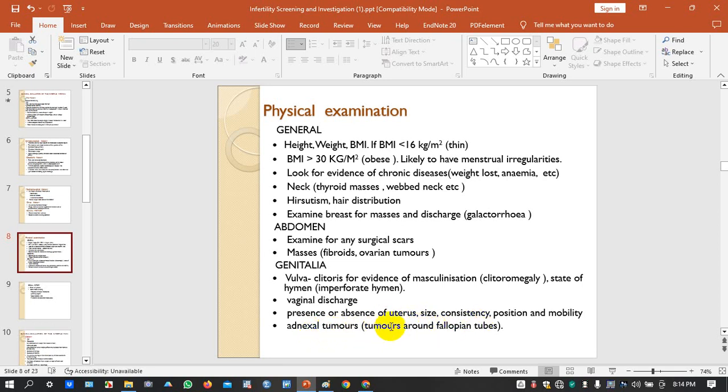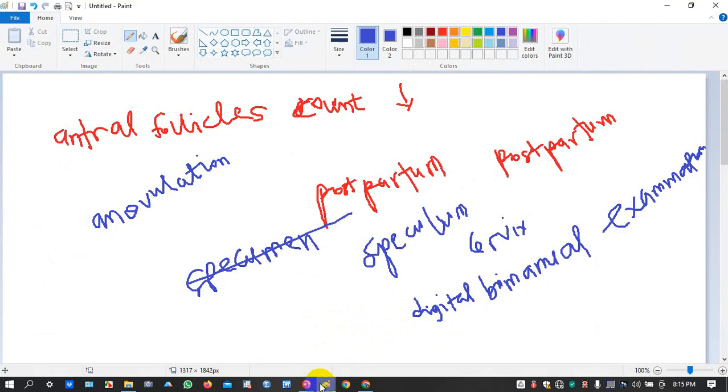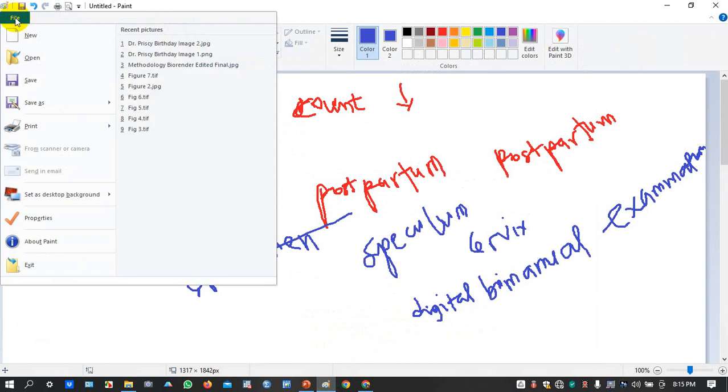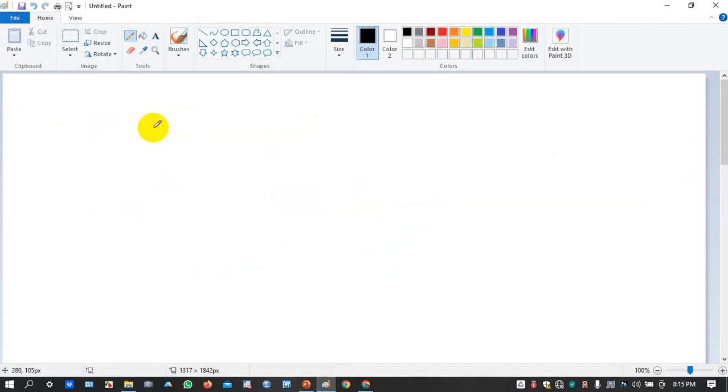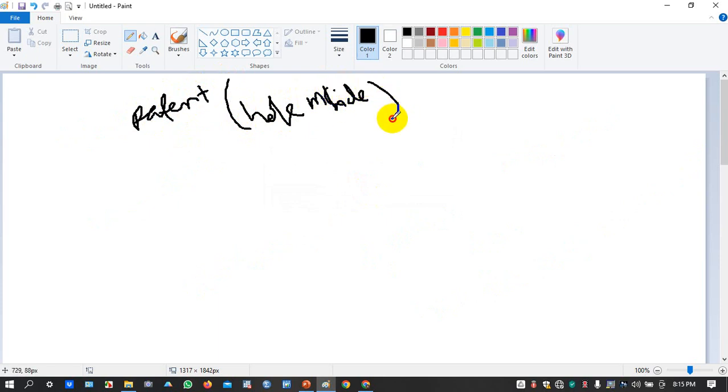Okay, adnexal tumors, meaning tumors or lesions around the fallopian tube. Does she have lesions around the fallopian tube? Are the fallopian tubes blocked or patent? Patent means that there is a hole inside so that substances can move through.